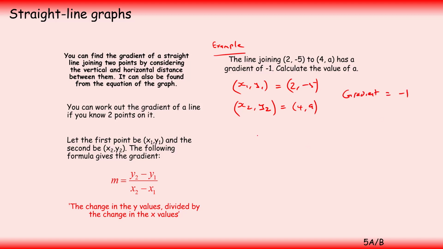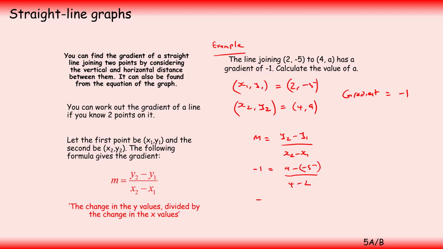So we have our formula, m is equal to y2 minus y1 divided by x2 minus x1. So that means if we sub for all the values we've got, the gradient is minus 1. That's going to be equal to y2 minus y1. So it's going to be a minus minus 5 divided by x2 minus x1, 4 minus 2.